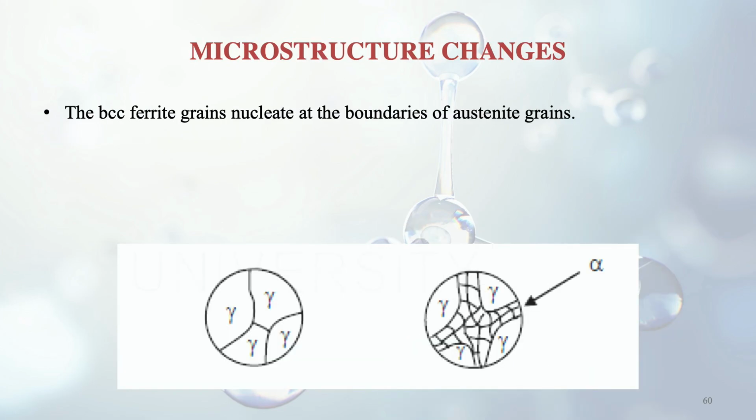So the BCC ferrite grains nucleate at the boundaries of the austenite grains. This transformation is happening like this.